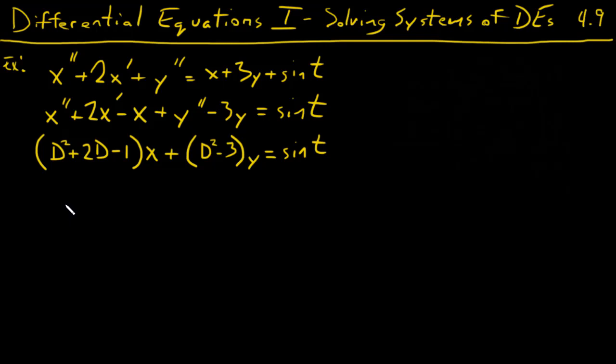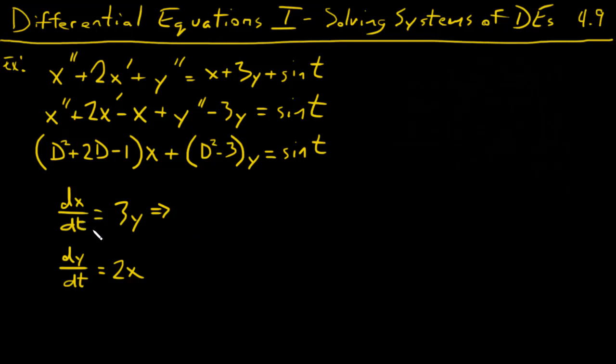So dx/dt equals 3y, and dy/dt is equal to 2x. We're going to solve this system. Let's first convert it into differential operator notation.